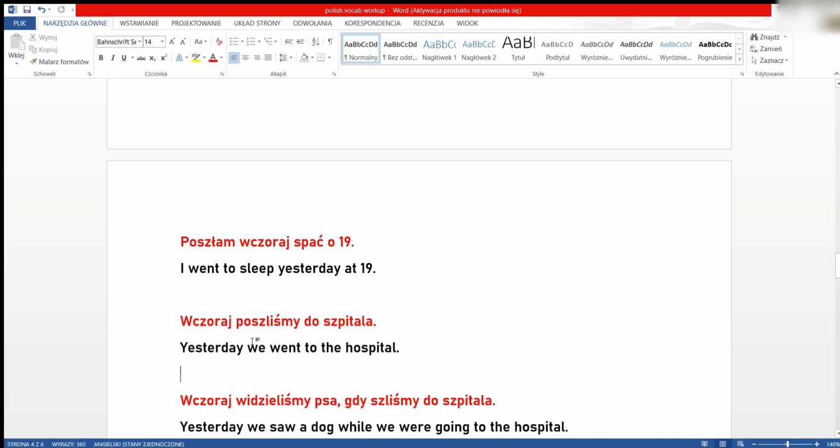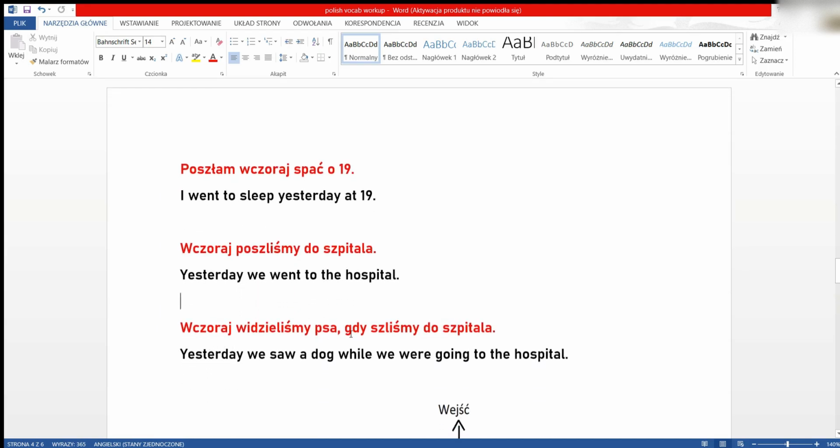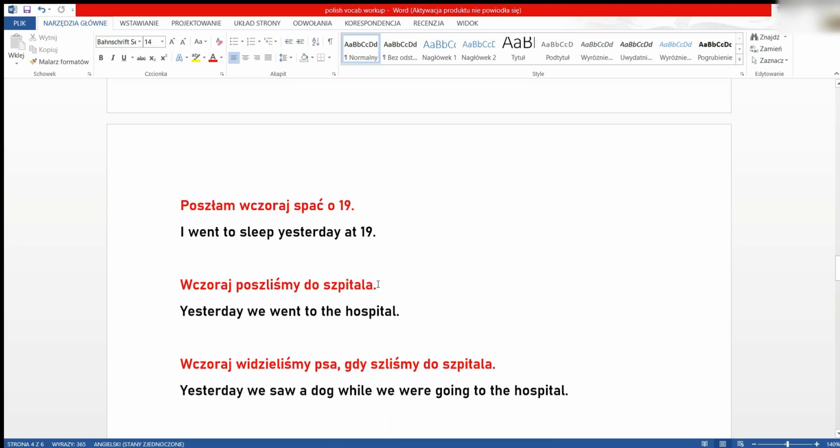Wczoraj widzieliśmy psa, gdy szliśmy do szpitala. This is adding to the previous example. I just changed the tense here so I can explain the difference. So, yesterday we saw a dog while we were going to the hospital. While we were going.